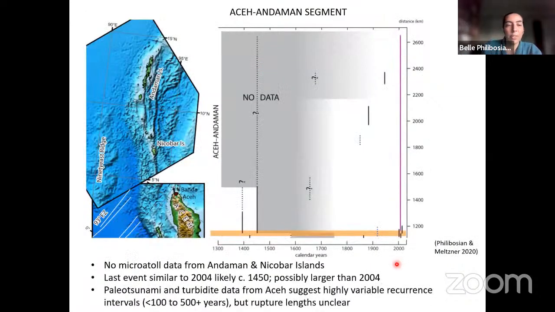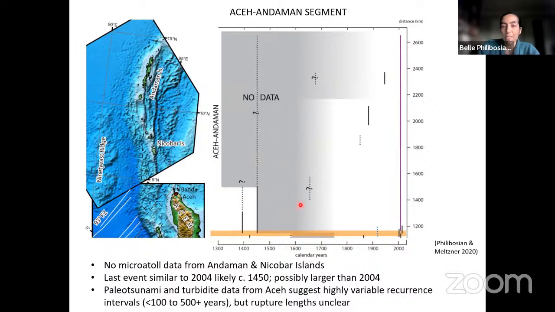So I'll review what's happened in each of the segments in turn. First of all, the Aceh-Andaman segment is the one we know the least about, in part because we don't have any micro-atoll data from the Andaman and Nicobar Islands. They're not part of Indonesia, and it's very difficult to get permission to go there.